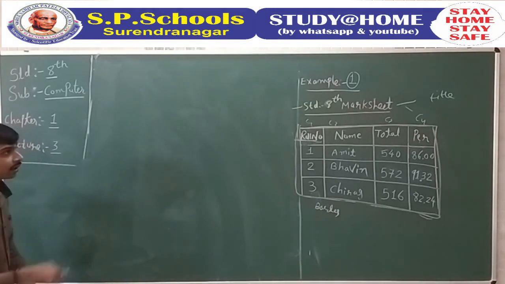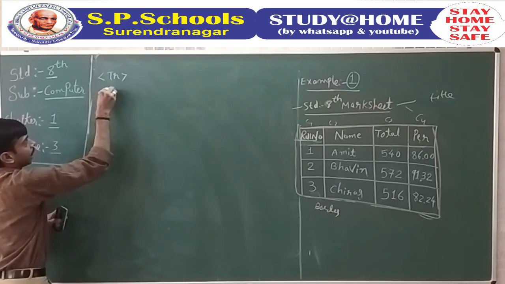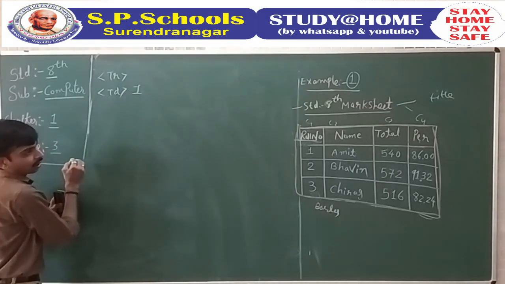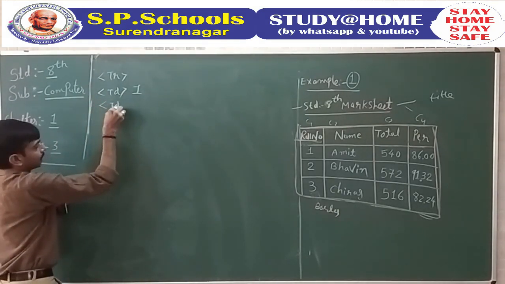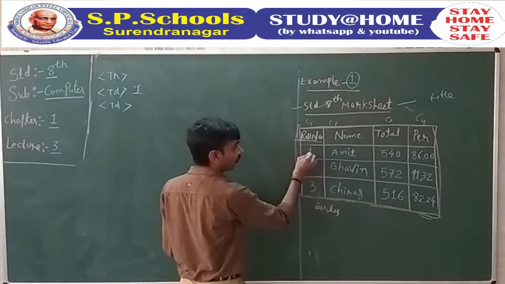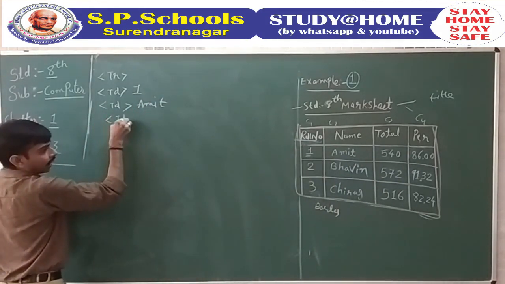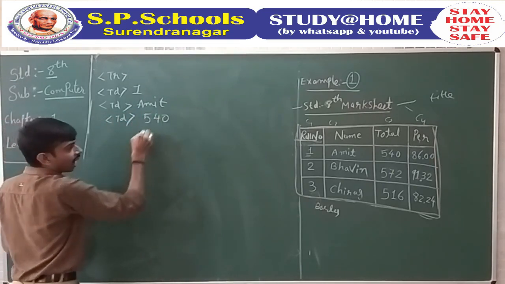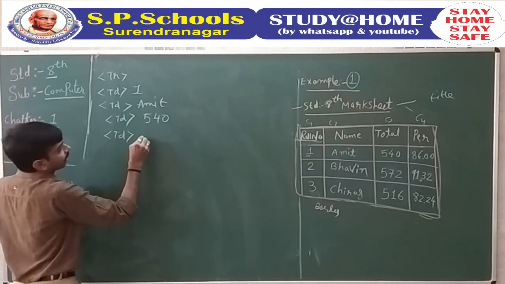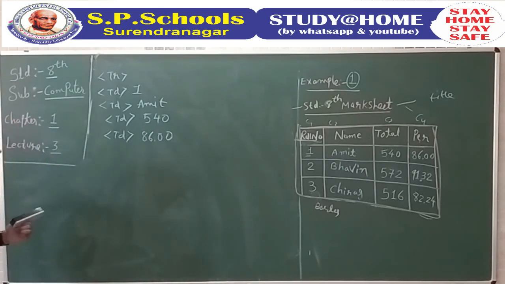So we will write the code and tags for the second row, TR, then TD. In the second row we can see roll number 1. There are 4 TD, 1, 2, 3 and 4. So roll number 1 in the first TD of our second row. Then his name is Amit. Then his total is 540 in the third table data or cell, and then his percentage is 86.00.